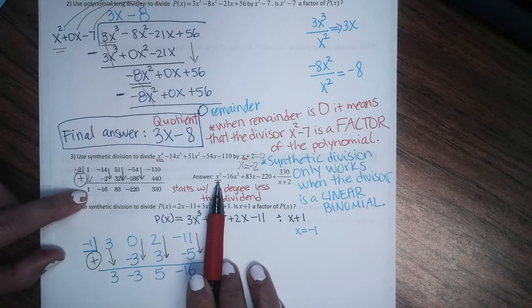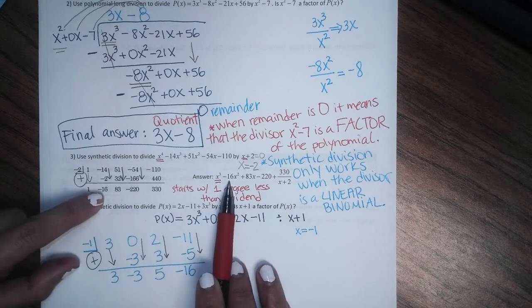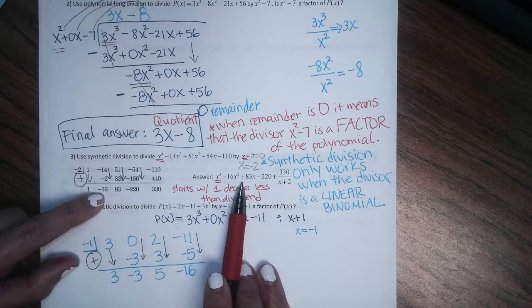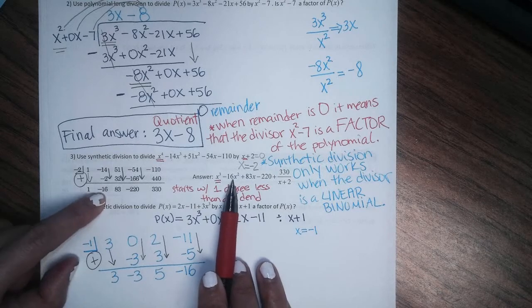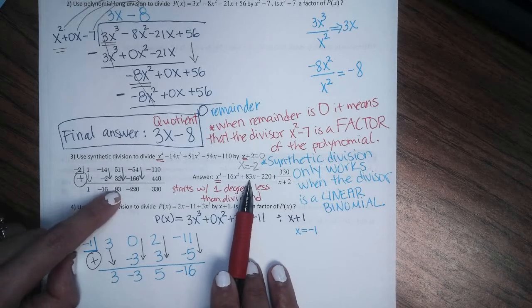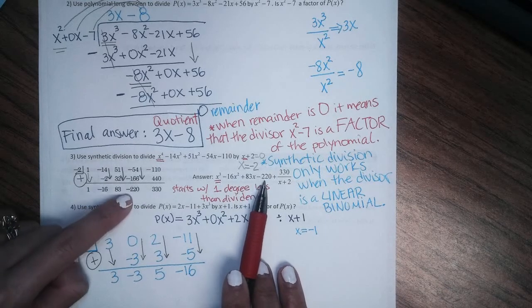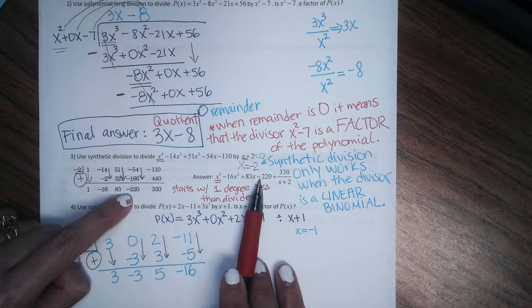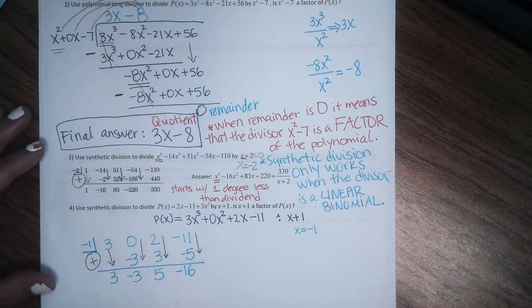So 1x cubed minus 16x squared. So now you just go down by degree. Plus 83x minus 220 just regular.